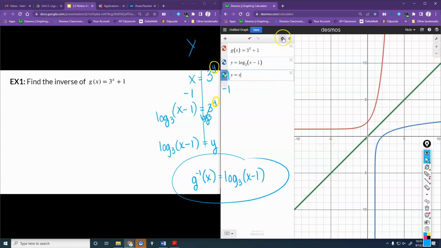And I like to go ahead and turn that green line, the y equals x, into a dotted line. That way I realize it's not real. It's just my line I'm trying to fold it in half on. So if you hit the gear right here, you can turn that to a dotted line by clicking. You don't have to. I'm going to look and see if everybody got everything graphed right.